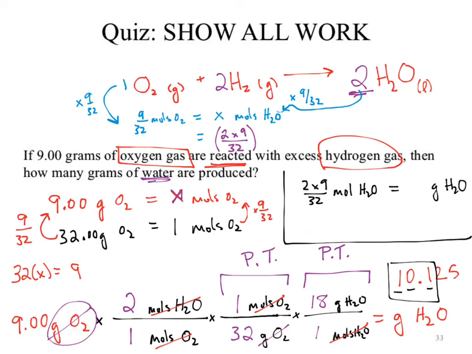Whoops. 1 mole of H2O is 18 grams of H2O. How do I go from 1 to 2 times 9 thirty-seconds? We'll just multiply by that number. So what do I have to do to the other side? Multiply it.